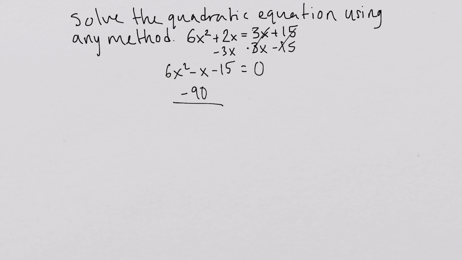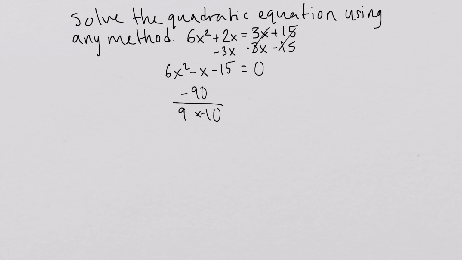So figure out pairs of numbers that when you multiply them, they make negative 90, but when you combine them together, they make negative 1. Factors of 90 are 9 and 10, and there's others, of course, but these jump out at me right away. 9 times 10, and they work out perfectly, right? Because I want them to combine together to make a negative 1. So if I make the 10 negative and the 9 positive, that's 9 times negative 10, that's negative 90. That's perfect.